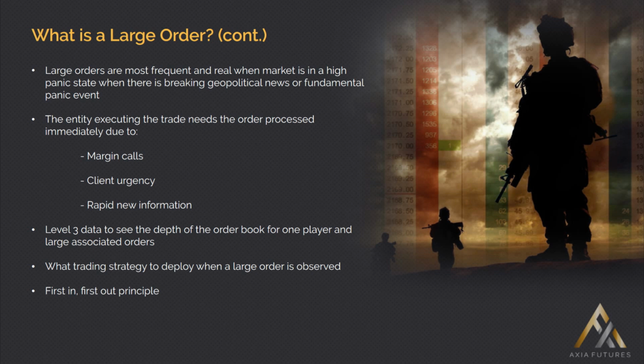That just means that with level 3 data, you can see the composition of that large order. If that one large order is, say, 2,000 lots, and 1,900 is just one participant and the other is a 100 lot, you do know that that is one genuine person who wants his order to be filled.